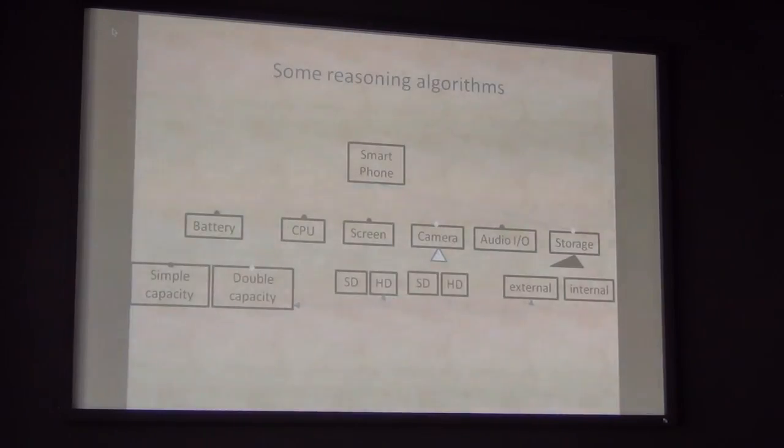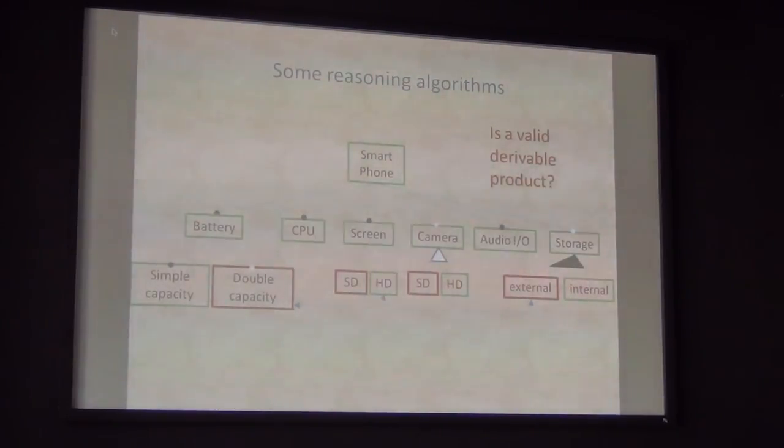Another example of a reasoning algorithm: we have a product consisting of a configuration, or a set of features. Those in green are included in the product, and those in red boxes are excluded from the product.